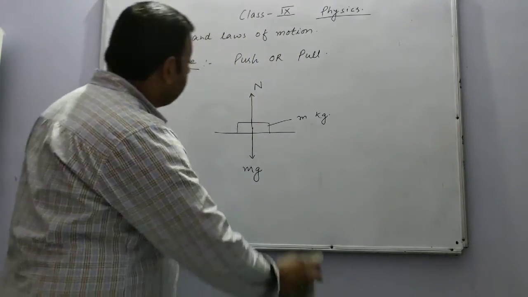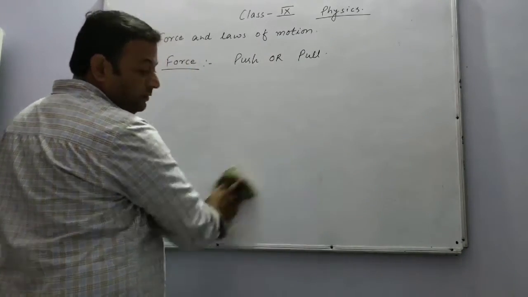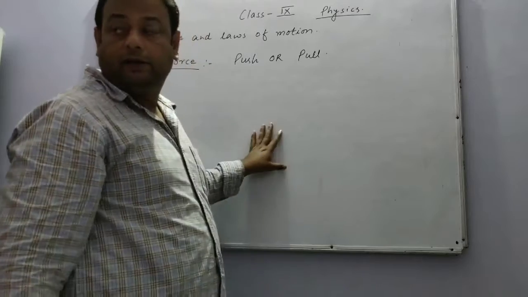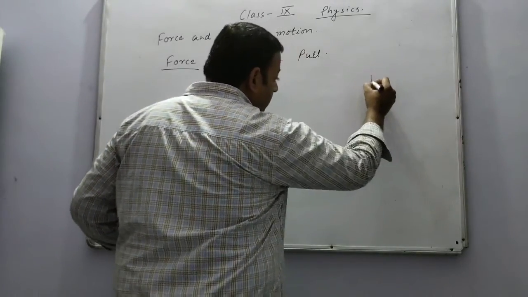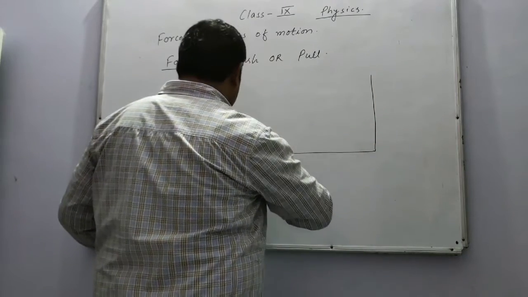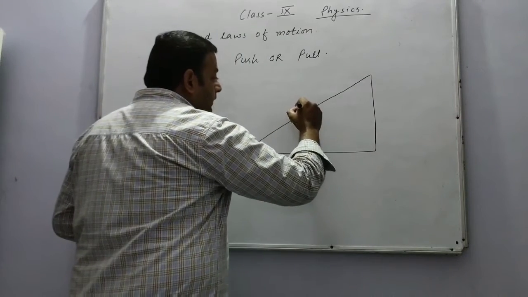The second case is that of an inclined plane. You are aware that such planes are not completely horizontal. So let us have an inclined plane, and let this be the object.